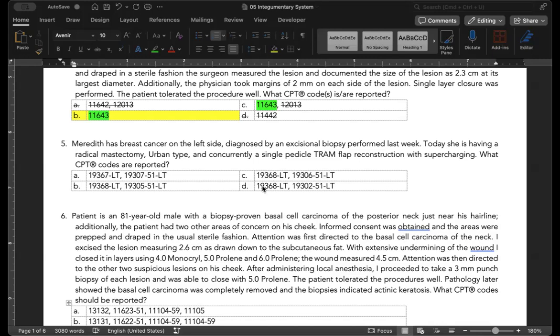So your 19368 is going to be for the breast reconstruction with a single pedicled transverse rectus abdominis myocutaneous, also known as a tram flap, requiring separate microvascular anastomosis, and that is also known as supercharging. So there's our tram, the single pedicle tram flap reconstruction with supercharging.